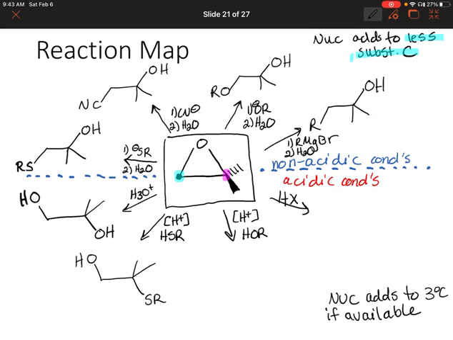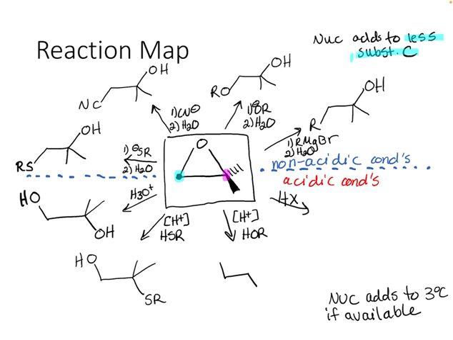All right, and then on to the next one. In this case, we're going to add OR. And in the last one, we're actually going to add a halogen to the tertiary carbon.